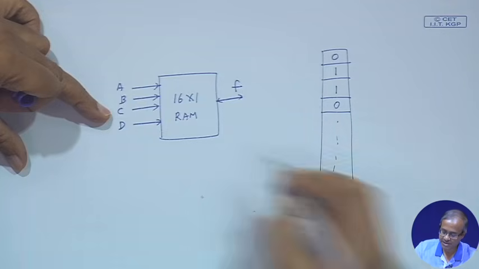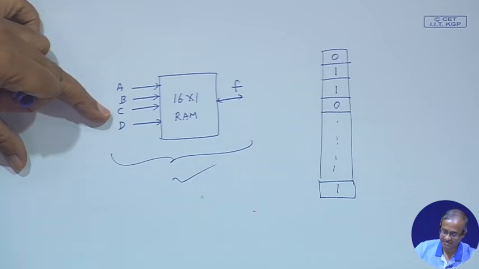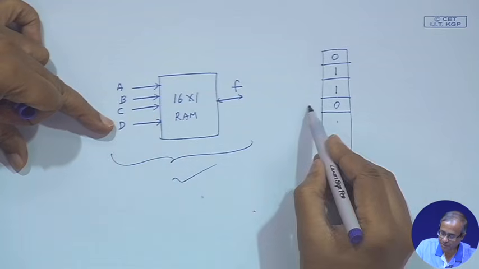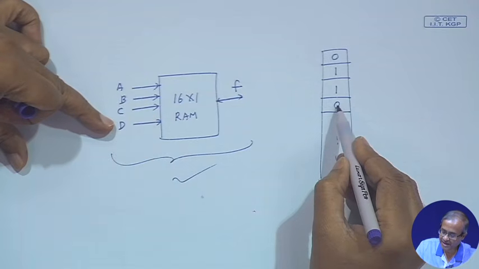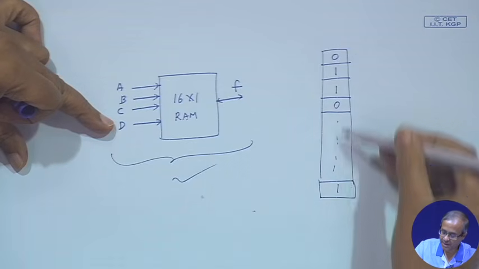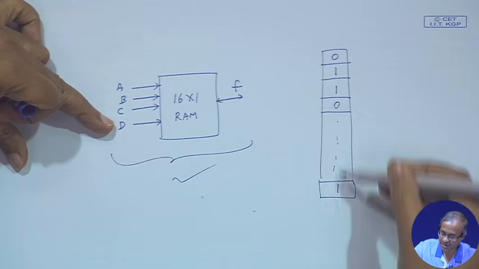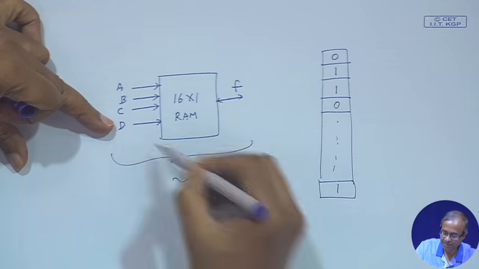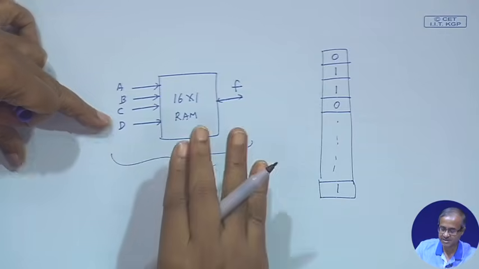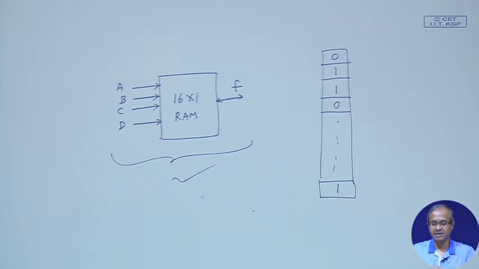So, once I do this, my function is ready. I apply an input, that corresponding location will be selected and that corresponding output will be generated. So, just by modifying this memory, I can implement any arbitrary function of 4 variables. This is how the programmability comes into the CLBs, right.